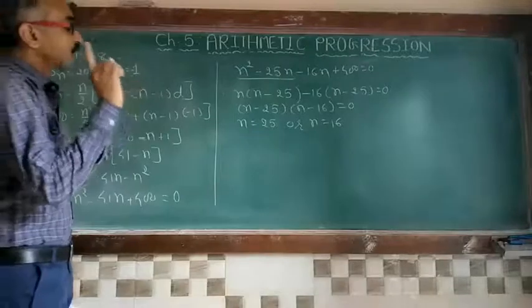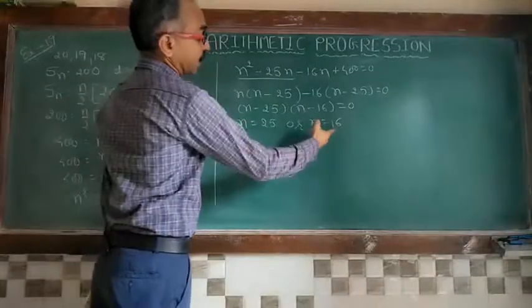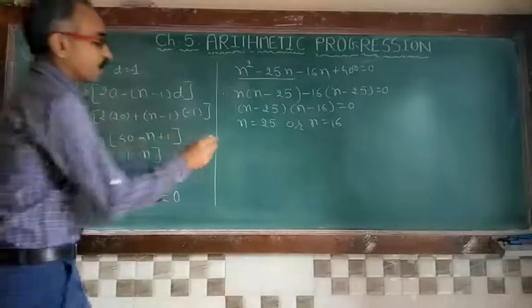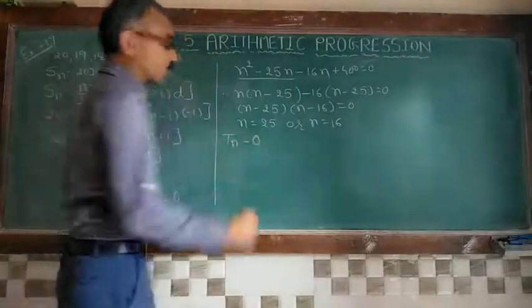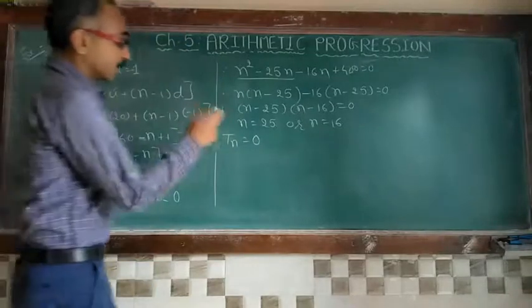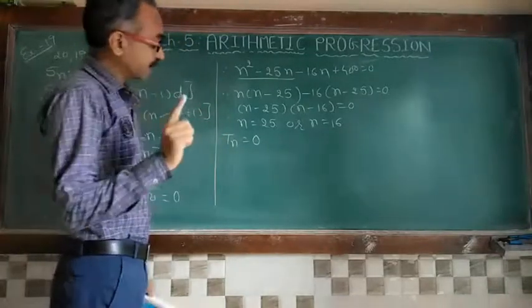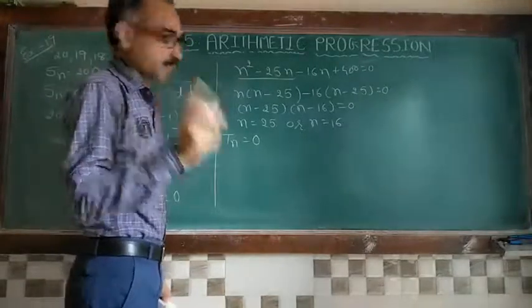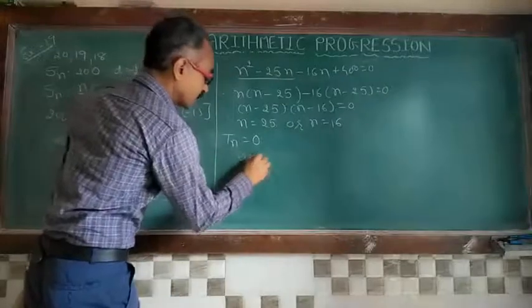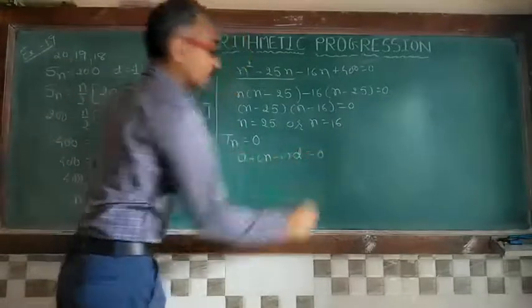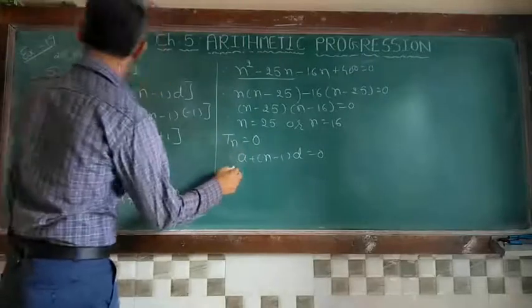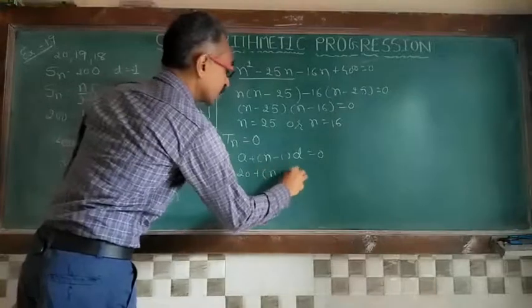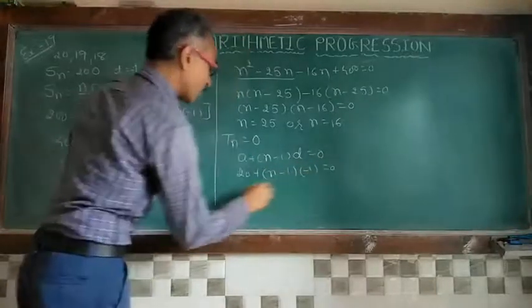That means the rows may be 25 or 16, but we don't know how many rows there are. So first you have to put Tn equal to 0. That means you suppose that in the very last row there are 0 logs. So see here, a plus n minus 1 into d is equal to 0, but here a is 20 plus n minus 1 into d, which is minus 1, is equal to 0.